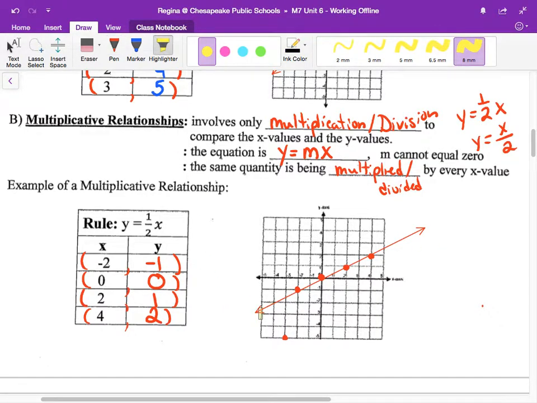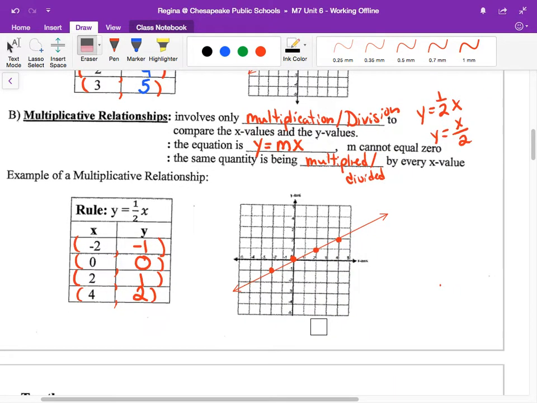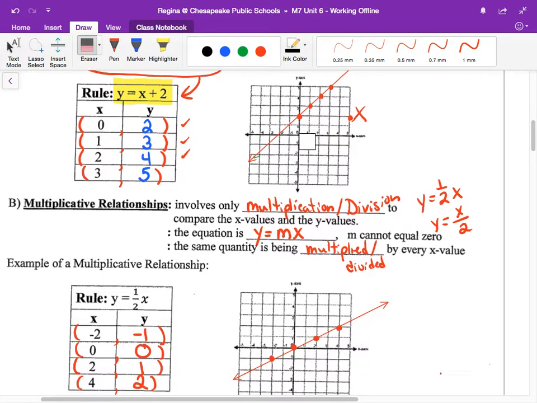All right, let's compare, because I see that they look very similar. So let's look at the additive one here, and let's look at the multiplicative one here. All right, so they're both straight lines. Do you notice that this one goes right through the center, the middle?